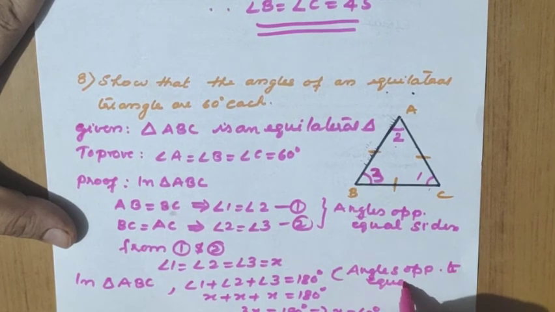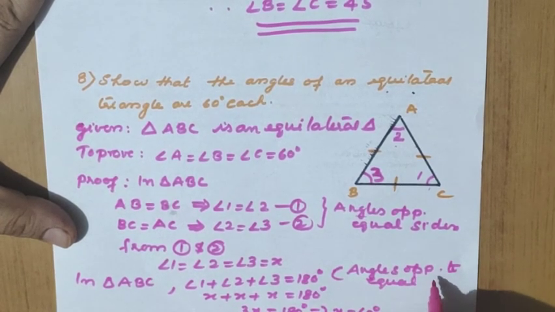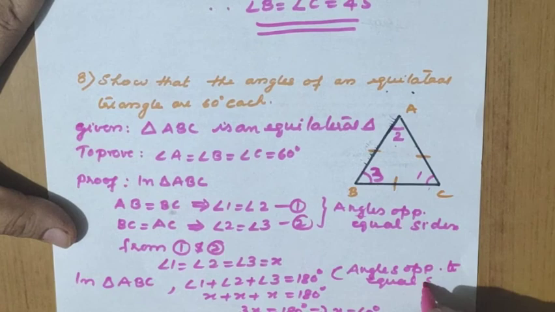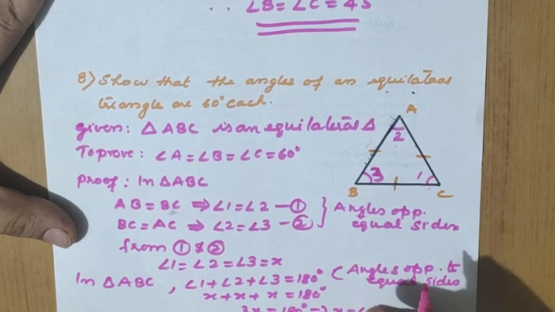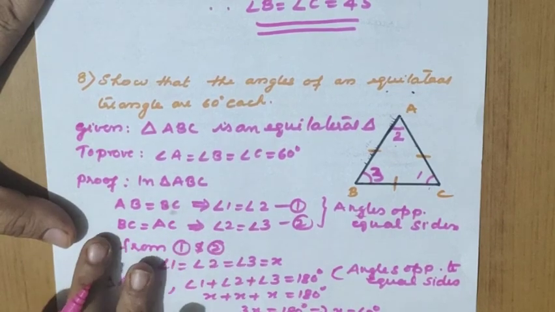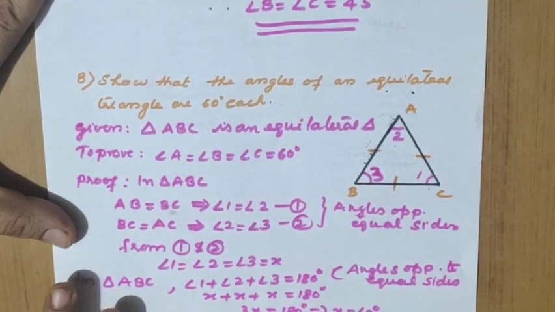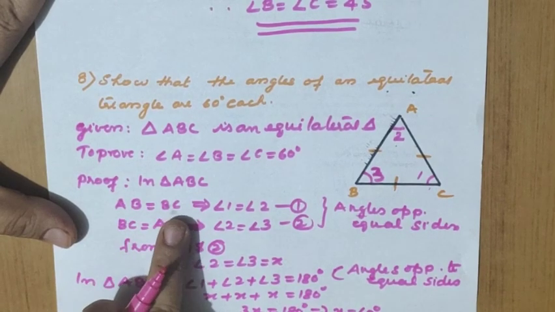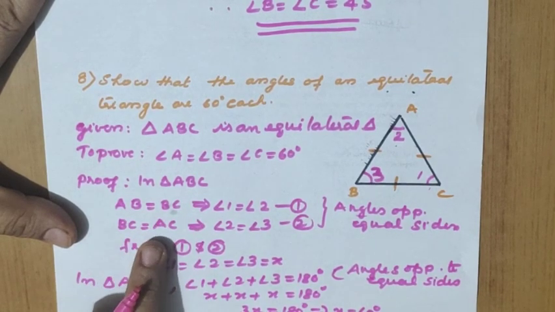Geometrical proof only, so proof should be written. Don't take it for granted because we already know that in an equilateral triangle each angle equal to 60 degree only. So what is to be proved? Don't ask me like that. Here the proof is asked based on the geometrical way with the statement and reason we should write. So what is the reason we have taken? AB equal to BC and also BC equal to AC.